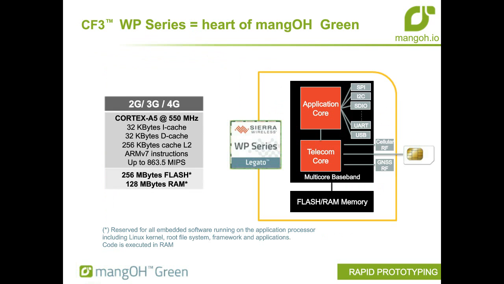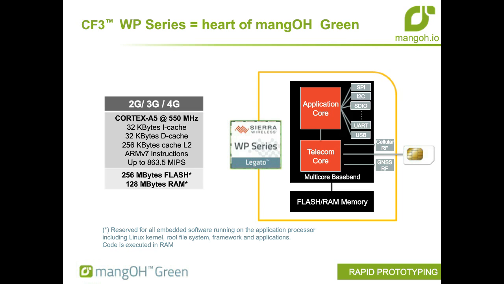The Smart WP module forms the core of the Mango platform. It includes a telecom core that will provide 2G to 4G connectivity, as well as a GNSS connection. These modules also have an application processor with multiple interfaces like SPI, I2C, SDIO, HSIC, UART, USB, multiple ADCs, and GPIOs.